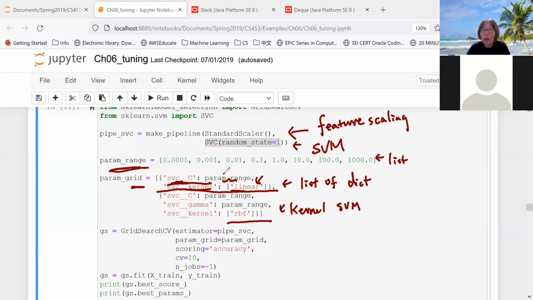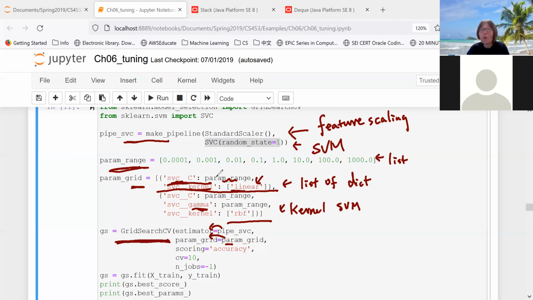For the linear one, you don't need to worry about gamma. This C is for the regularization, which we already know. Then we can go ahead to do the grid search, and you supply this pipe SVC from the pipeline as our estimator, and then you supply this grid.